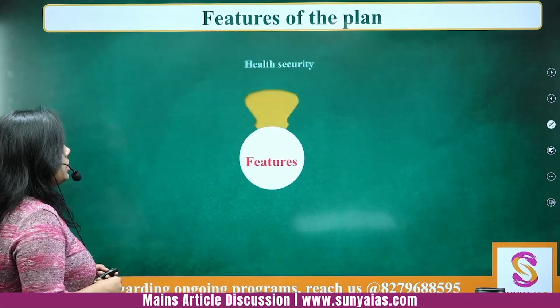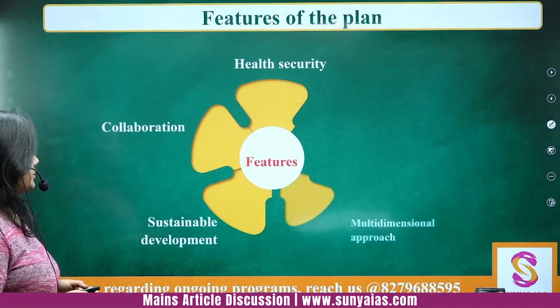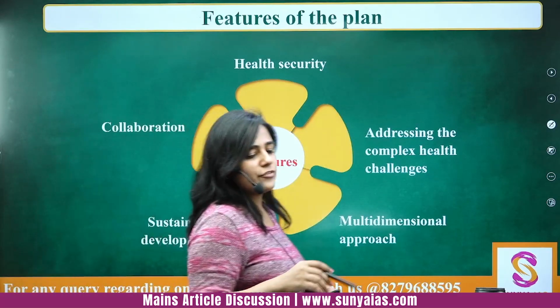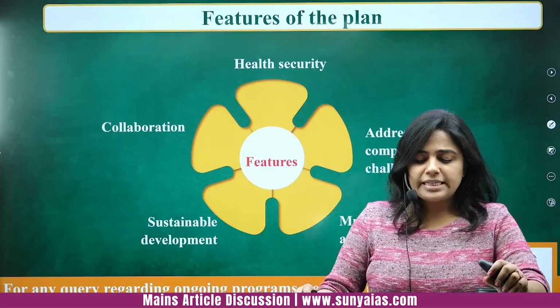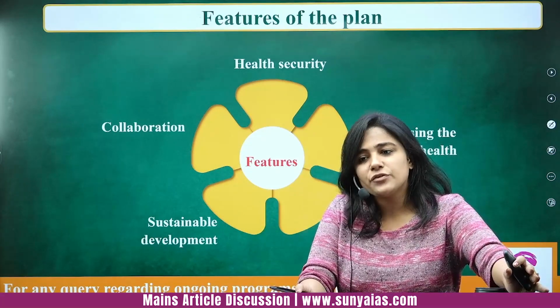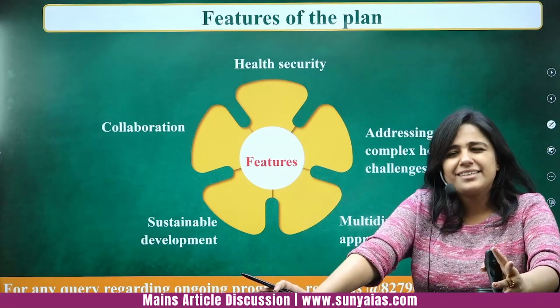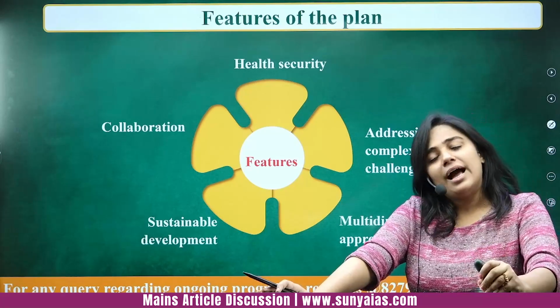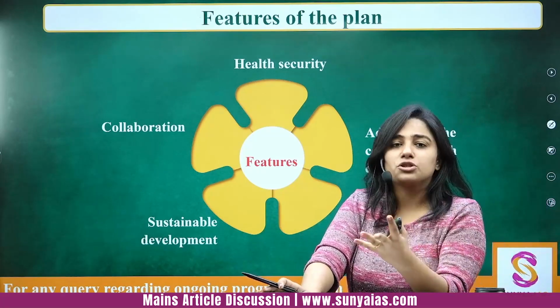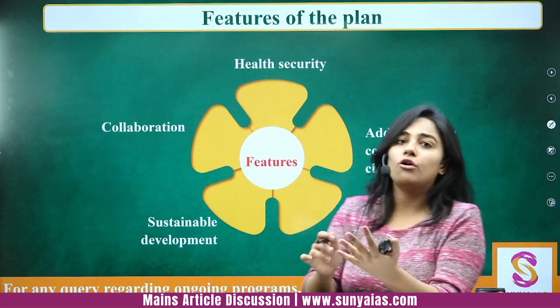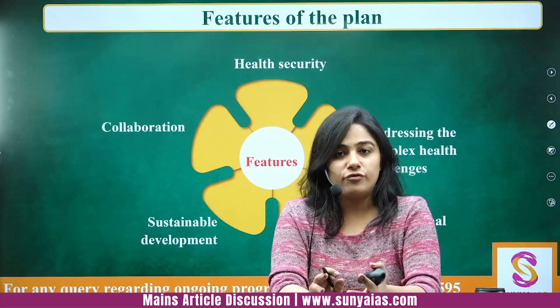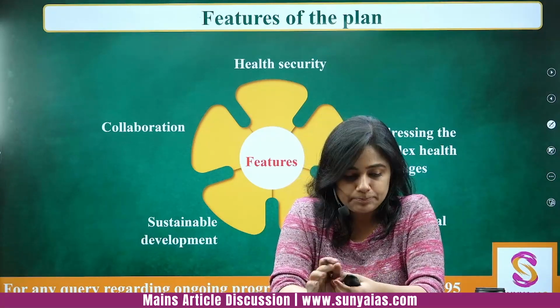Now, see the features. You don't need to write the features in your answer, but you need to understand the features to write a good answer overall. And overall, this is basically the solution to the problem of not having One Health currently.